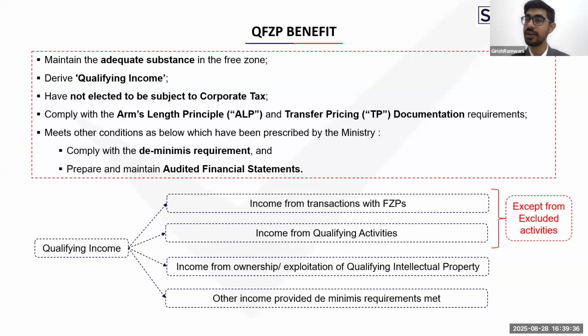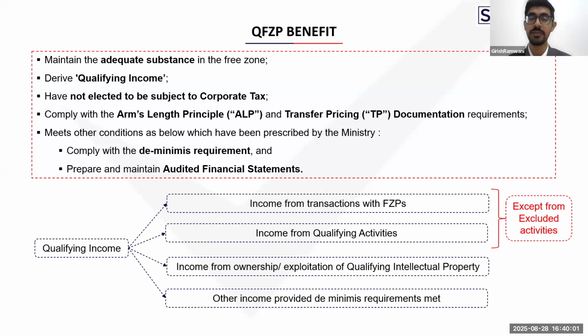And then maintaining audited financial statements is a very important condition for availing the qualifying free zone person benefit. Now, what is qualifying income? Just to cover briefly, a qualifying income can be any income that you have derived while transacting with other free zone persons or that has been derived from qualifying activities. So any of these two you should be doing.